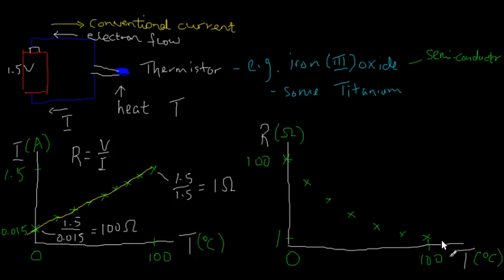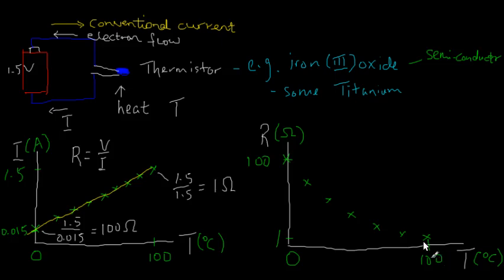Another thing that I should mention is that a thermistor, as I've described it, is something for which the resistance changes a lot over a certain temperature range. Now, if you remember the previous video which describes, for example, the resistance of a filament lamp, we have seen that for the tungsten filament, as the temperature increases, the resistance also changes.